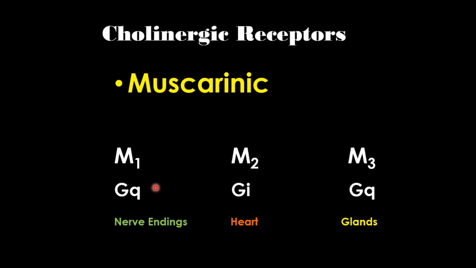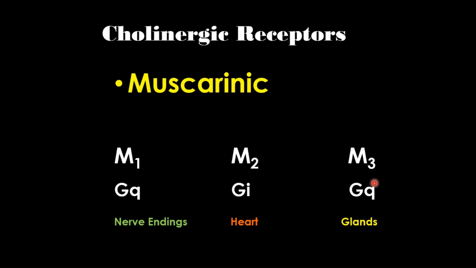M1 links with Gq, again the mobilization of calcium. M2, that is Gi, inhibits the adenylyl cyclase enzyme and decreases the availability of cyclic AMP. And M3 acts through Gq, again the mobilization of calcium.